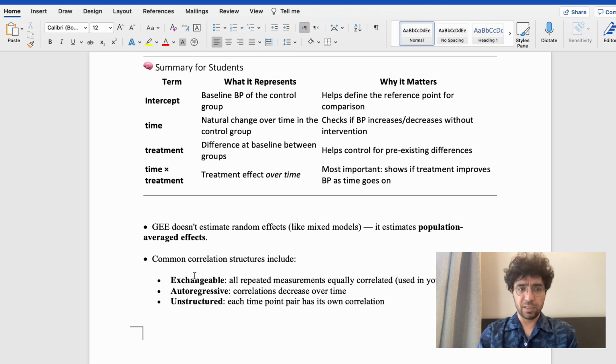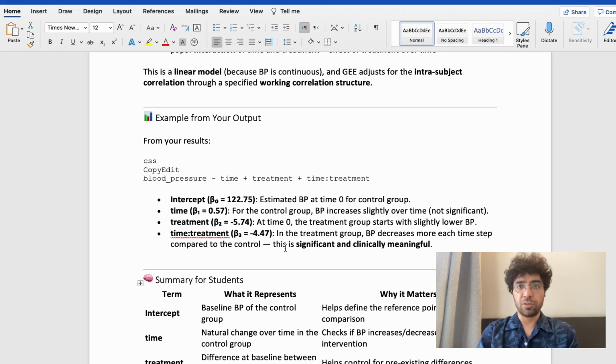What we used until here is the most useful: the exchangeable correlation structure, where all repeated measures are equally correlated. The first, second and third correlations are assumed to be the same, not fading and not mixed. If you are thinking about other correlation structures, you should use other types of correlation structure.